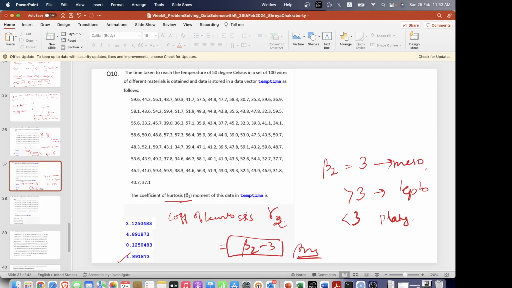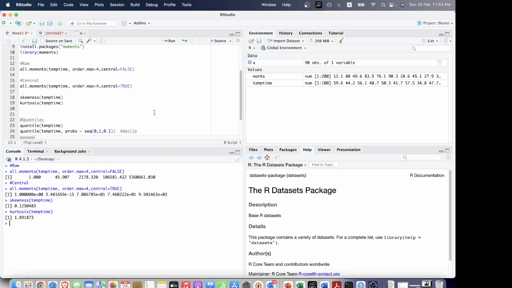So be very careful what the measure is asking. This command in R, kurtosis, is going to give you beta 2. Alright, this is going to give you gamma 1.